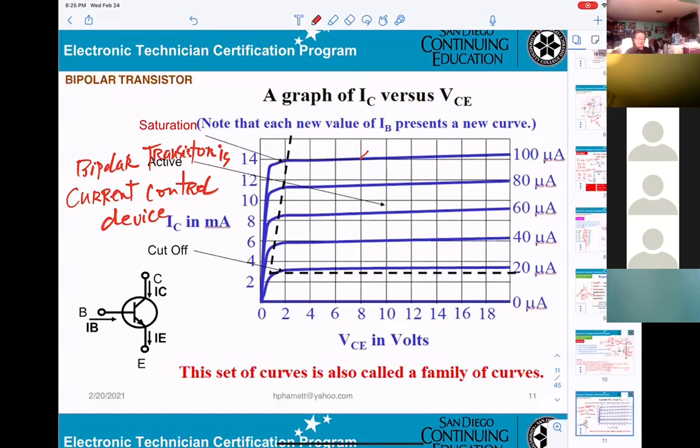But in general, if you change IB, you change IC, and IC basically depends on IB. So that's why IB controls that device.